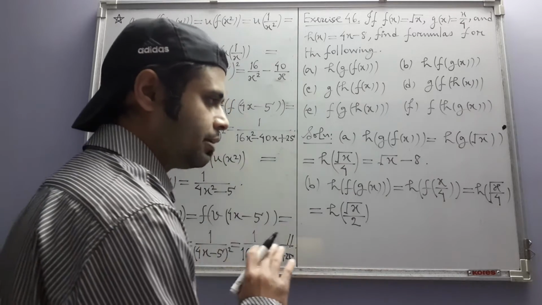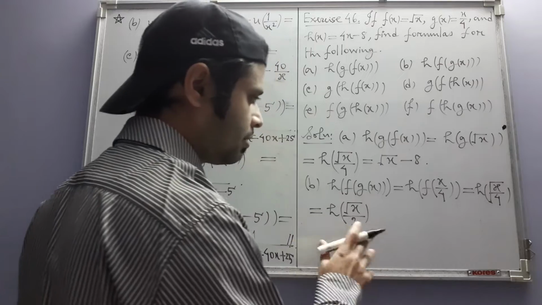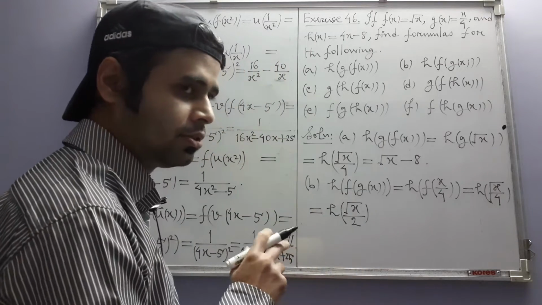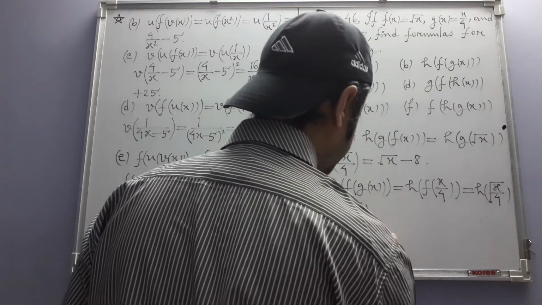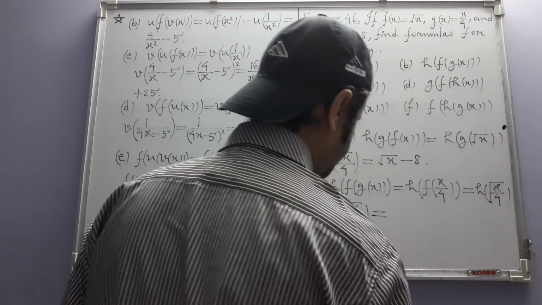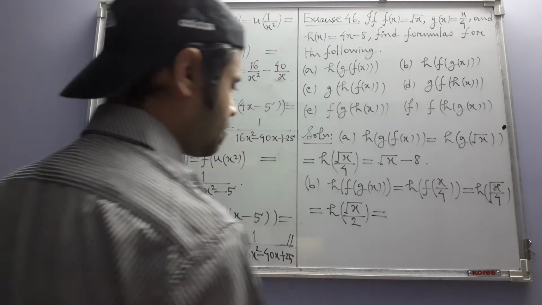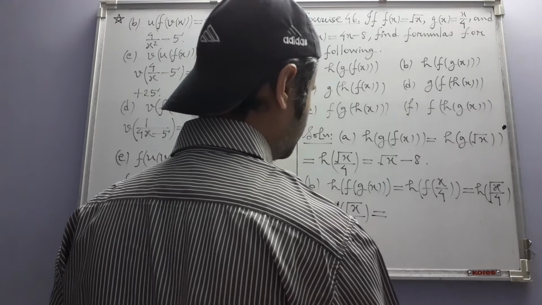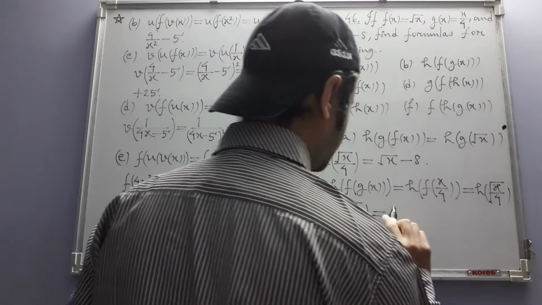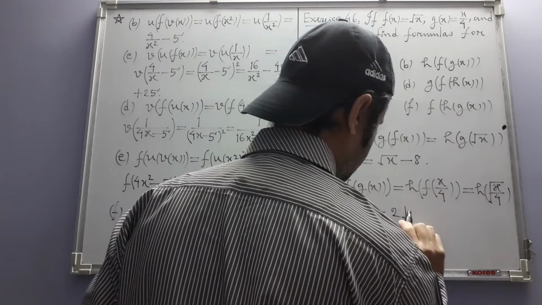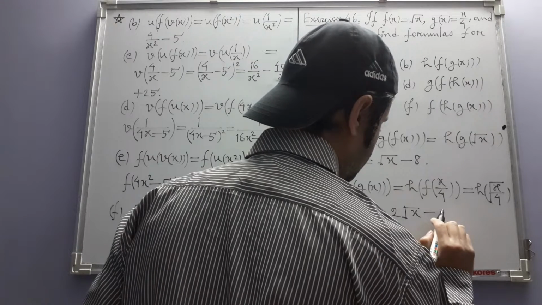So you can calculate pretty much how you would normally calculate. So 4 times this minus 8 is 2 root x minus 8.